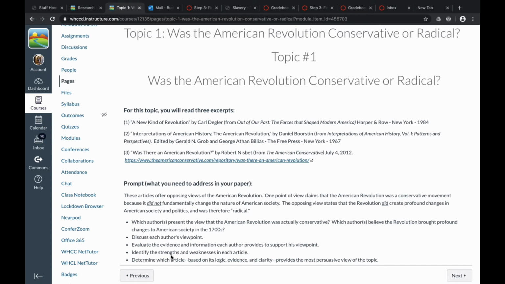So once you've assessed what the author's viewpoint is and how they're supporting that viewpoint, what evidence they're presenting, now you're going to determine what's strong about that argument and what's weak about it. So the effectiveness level of it. And this will get more in depth as you read all of your sources. Because after you've read all of your sources, you'll say, wow, you know what? Initially, I thought that this source was really effective.